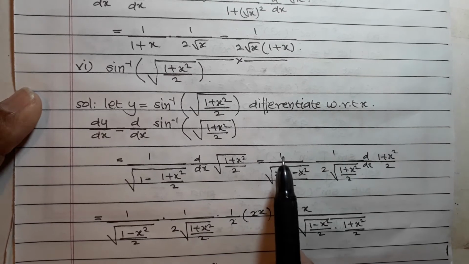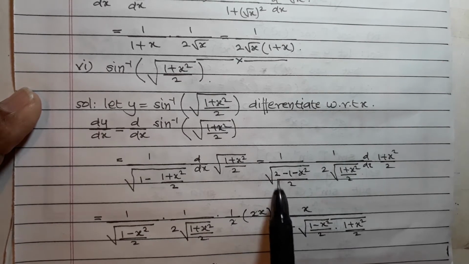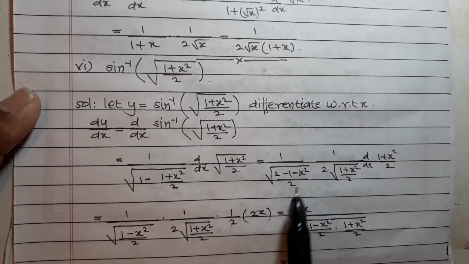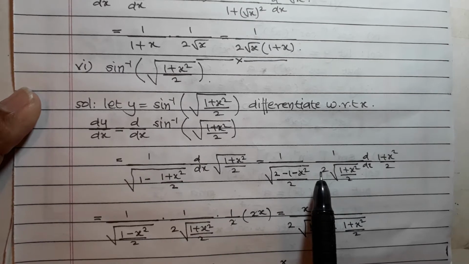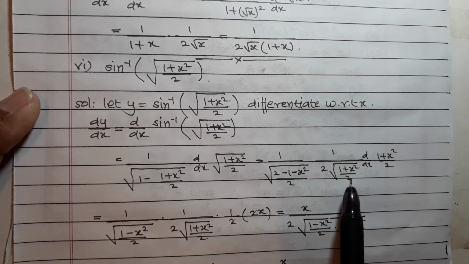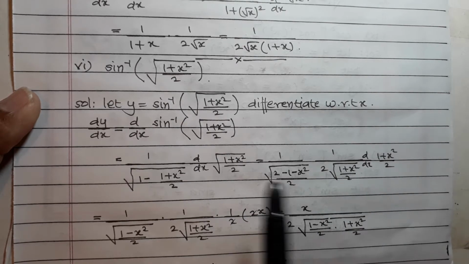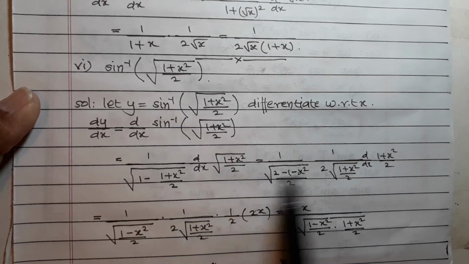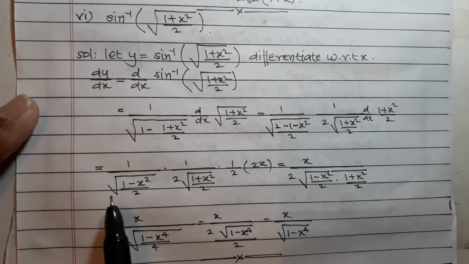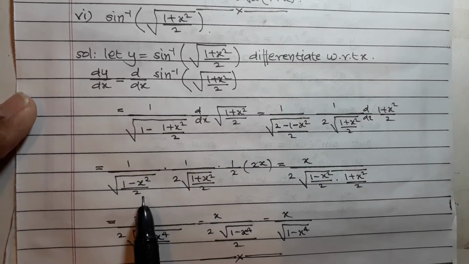And then you simplify, that is equal to 1 upon root of (2 minus 1 minus x square) upon 2, into the derivative of root of (1 plus x square) upon 2, which is 1 upon 2 root of (1 plus x square) upon 2, into the derivative of (1 plus x square) upon 2, that is 2x upon 2.